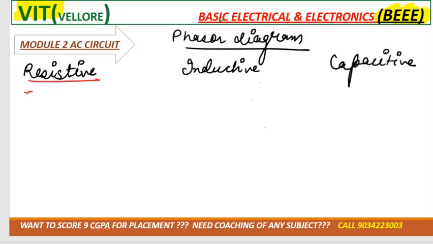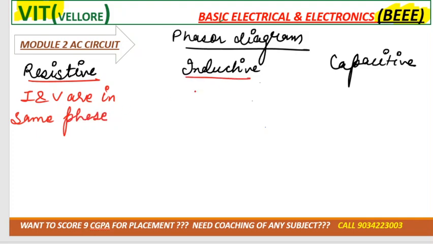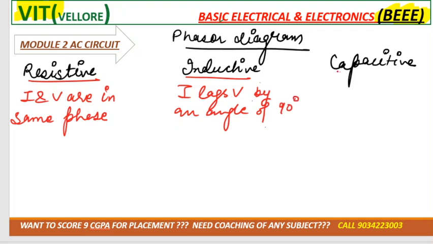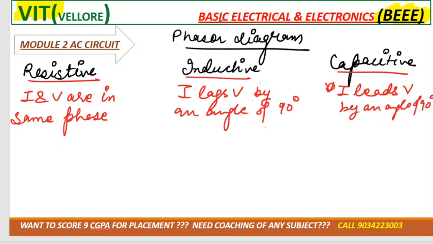In resistive load, current and voltage are in the same phase. In inductive, current lags voltage by an angle of 90 degree, or we can say pi by 2. In capacitive case, current leads voltage by an angle of 90 degree.